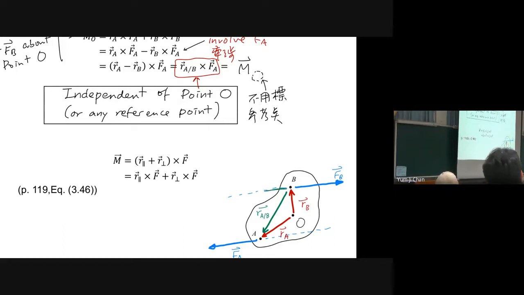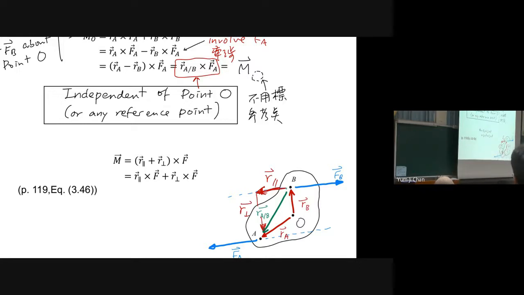One part is here, and one part is here. Let me use another color. We can do it like this, right? This one is R parallel to FA or FB, and this one is R perpendicular to FA and FB.